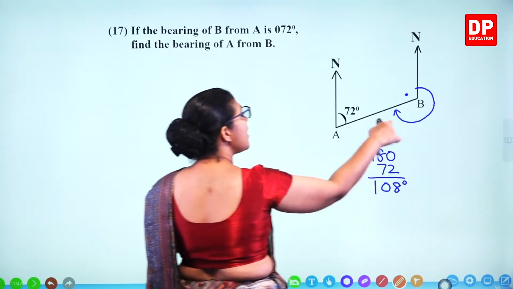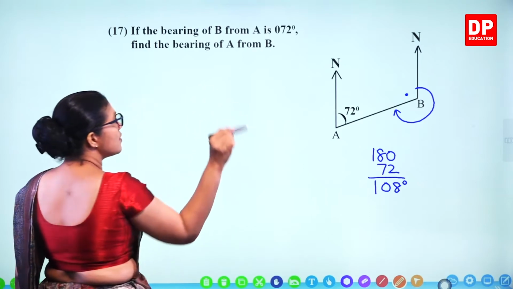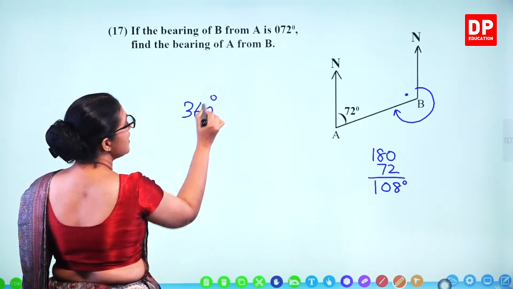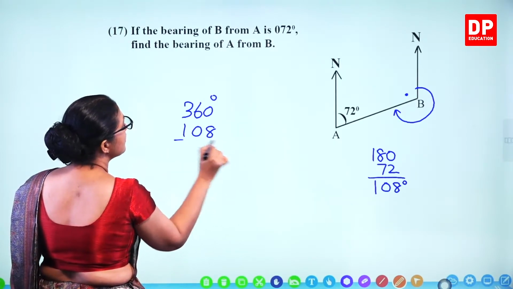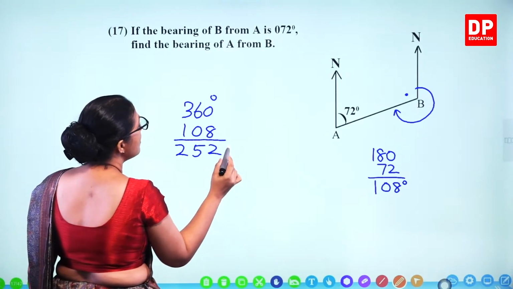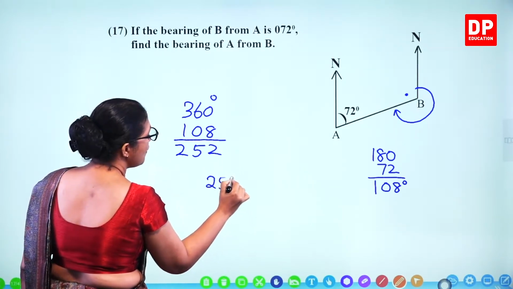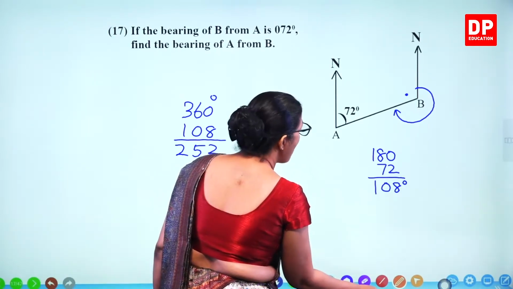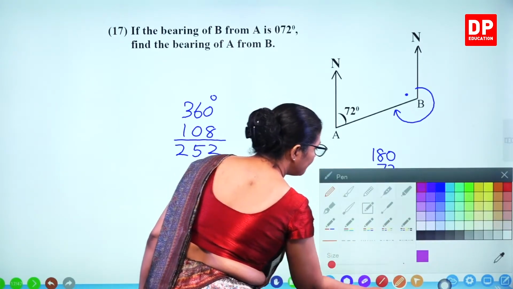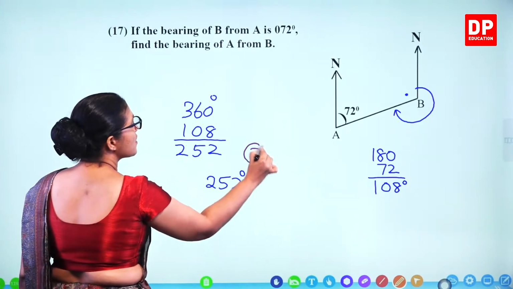If this is 108, what's the bearing? The whole angle is 360. So 360 minus 108. 252. So 252 is the bearing of A from B. 2 marks.